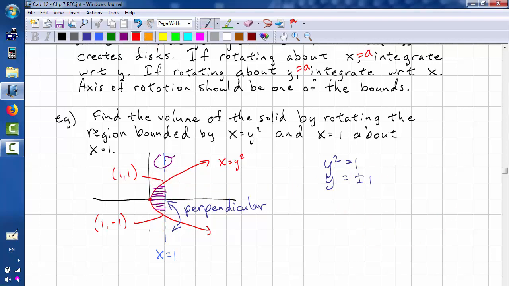So our volume is integrating from -1 to 1, A of y dy, and we have x of y minus x of r. And this is our axis of rotation.